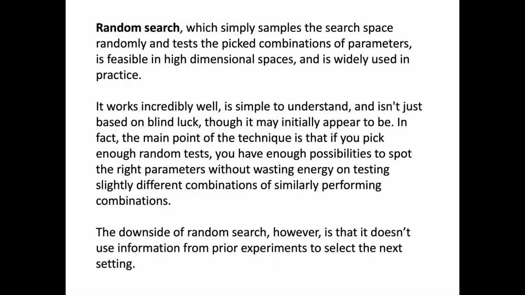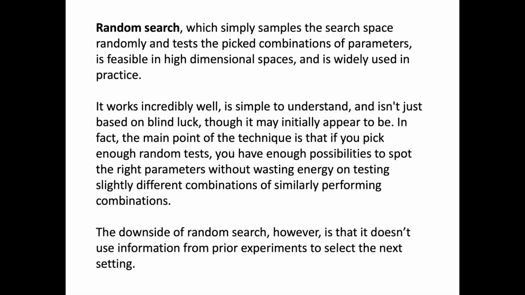A solution found recently, with respect to testing your combinations of hyperparameters in an exhaustive way, is to use random search. Random search takes a different approach in testing hyperparameters because it simply samples the search space randomly. So you don't have a schedule of combinations to be tested, but random search just picks them randomly, creating a different test for you every time you make a check on a combination.